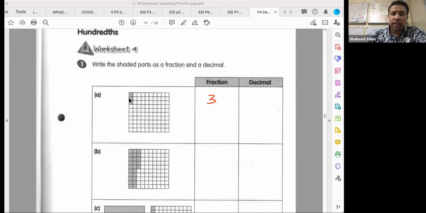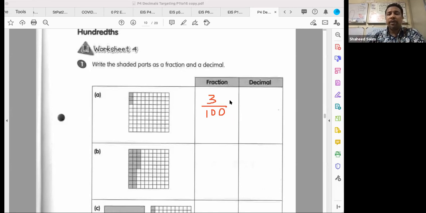So you see, there's 10 squares here, you count, times 10 is 100. You don't need to count everything. You see, there's 1, 2, 3, 4, 5, 6, 7, 8, 9, 10. And then 1 to 10 again. 10 times 10 is 100. So 3 over 100 as a fraction.